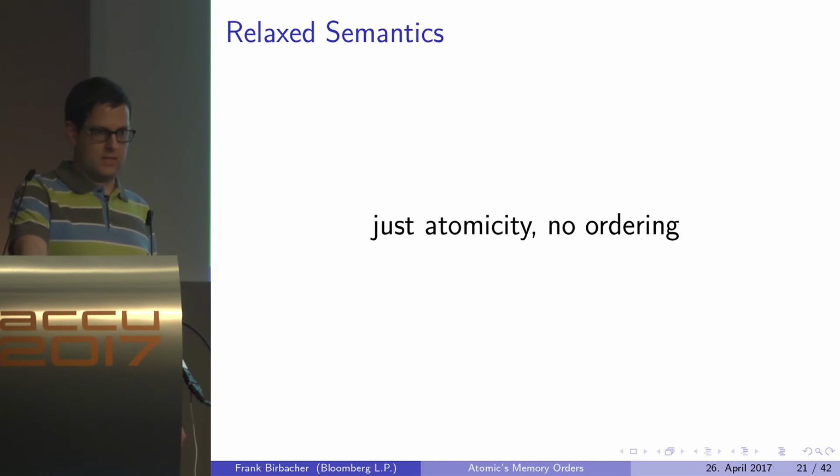Relaxed semantics just provide atomicity for this atomic variable, but no ordering whatsoever on all the other operations surrounding this atomic. So relaxed semantics will work for the initial counter example because it's just the counter. There's no other memory location that we change or pass.